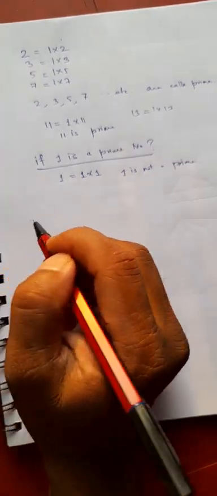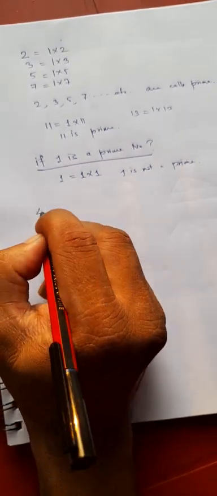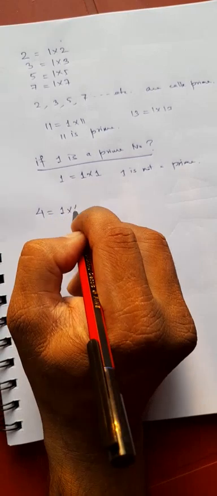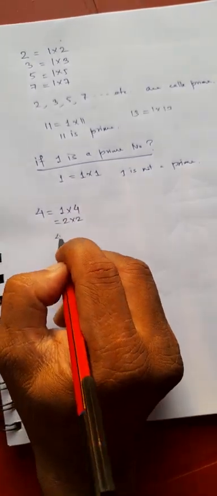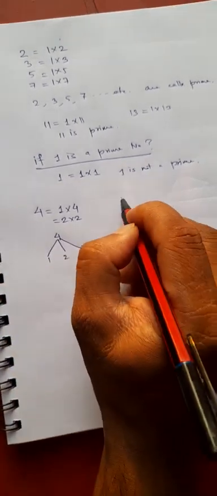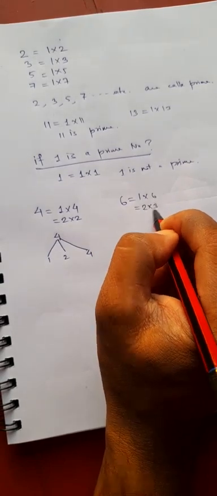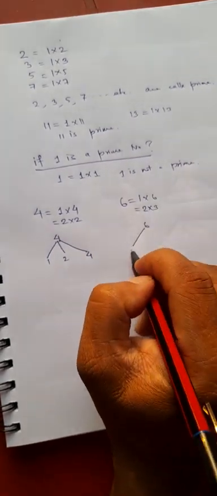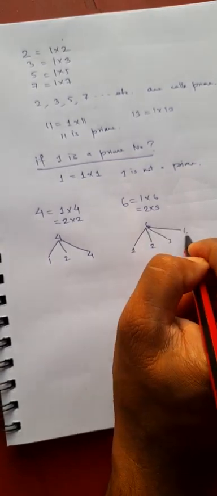Now there are other numbers. Say for example 4 equals 1 multiplied by 4, 2 multiplied by 2. So factors of 4 are 1, 2 and 4. Similarly 6 equals 1 multiplied by 6, 2 multiplied by 3. So factors of 6 are 1, 2, 3 and 6.